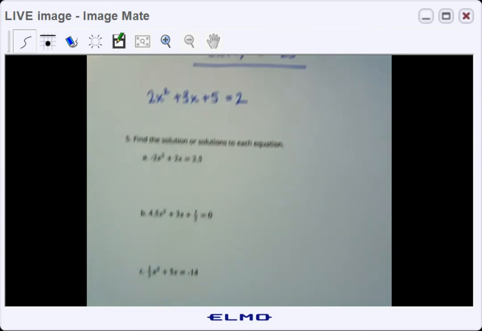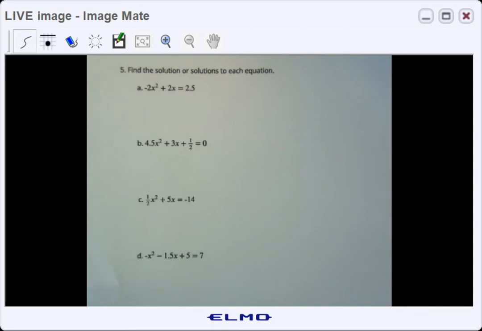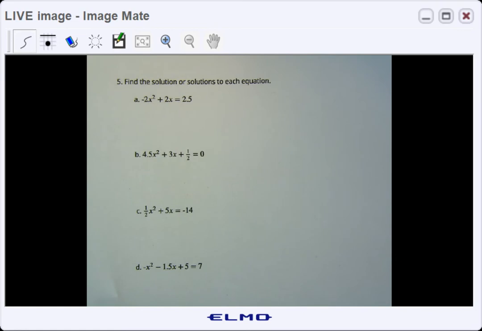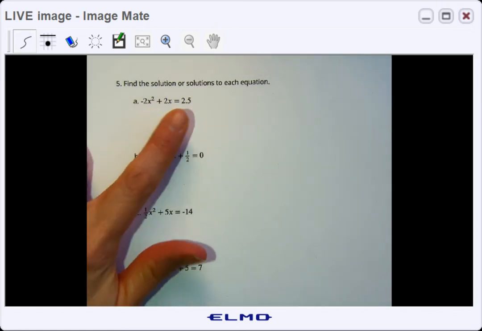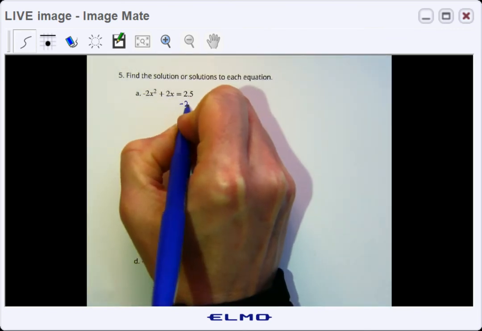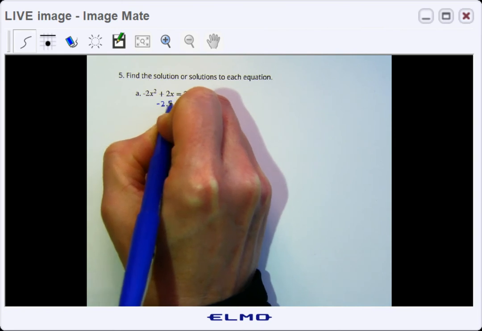Okay, on number 5, I'm going to use the quadratic formula for each of these. Just keeping in mind that in order to use the quadratic formula and to determine the values for a, b, and c, the equation has to be equal to 0 first. So to do that here, I have to subtract the 2.5.